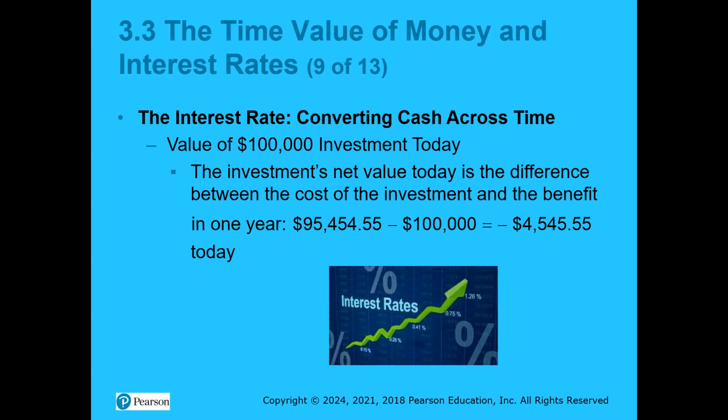So the value of $100,000 investment today, the investment's net value today is the difference between the cost of the investment and the benefit in 1 year. So you have the $95,454.55 minus $100,000 equal a negative $4,545.45.